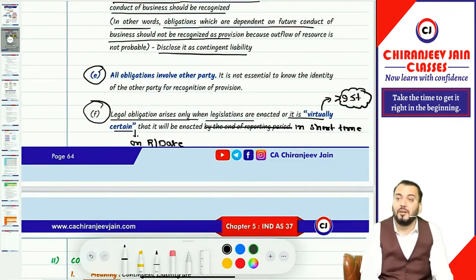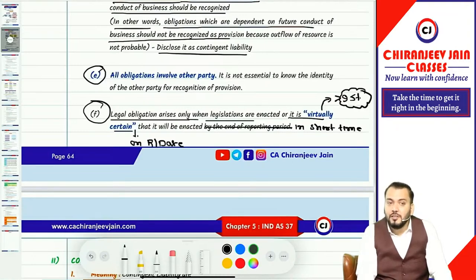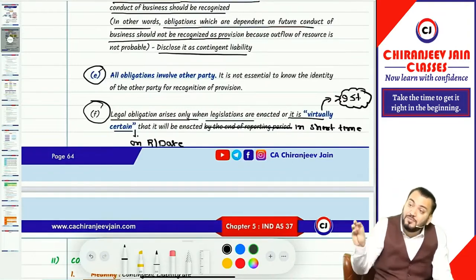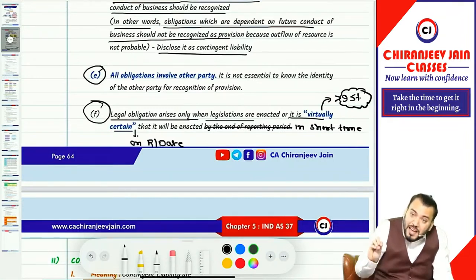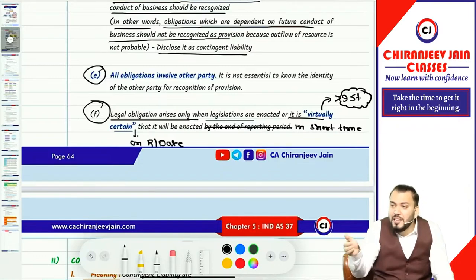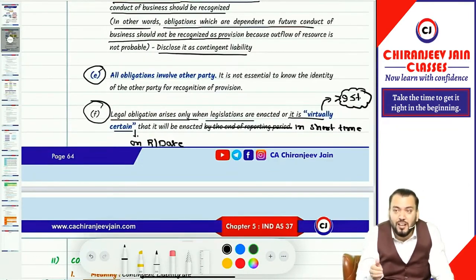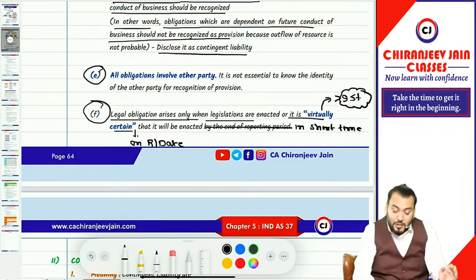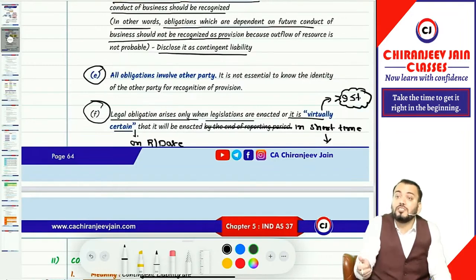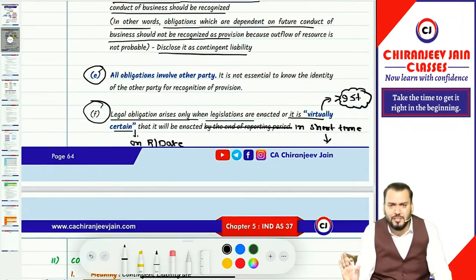So either it is enacted on the balance date, or it is virtually certain on the balance date that it will be enacted within a short period of time. Now this short time has not been defined. How much time? It is a matter of judgment.